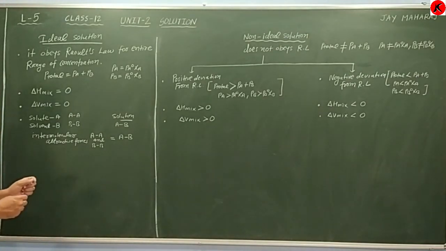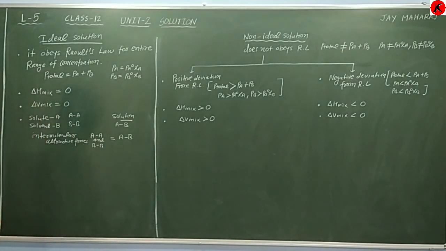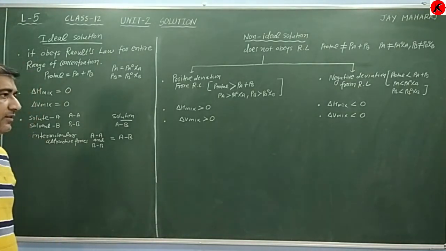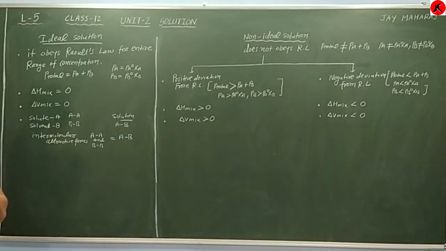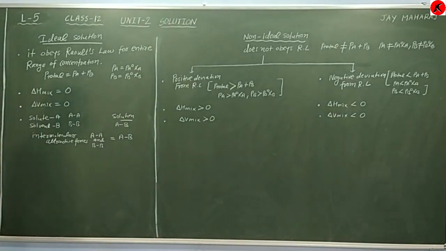That means in any solution this equal to is not possible. But in certain solutions nearly equal to is possible. That means some solutions behave nearly like the ideal solution. 100% ideal solution is not possible. It is rare because old and new intermolecular attractive force never becomes equal.